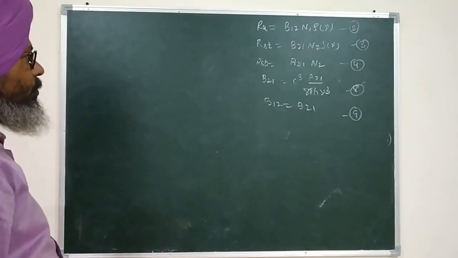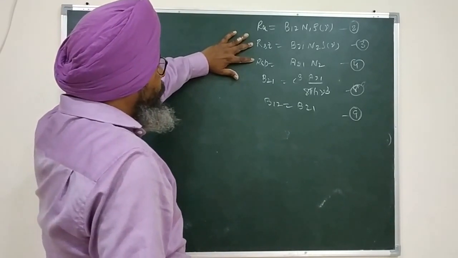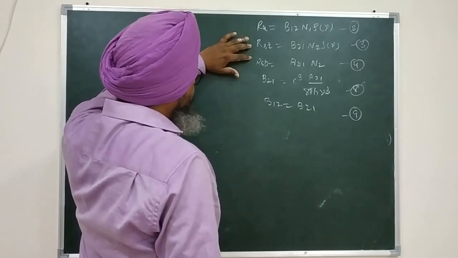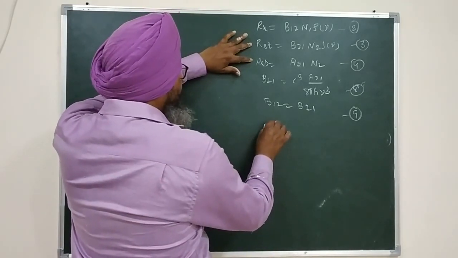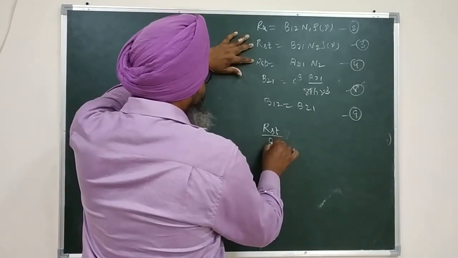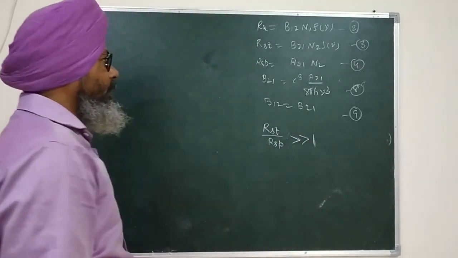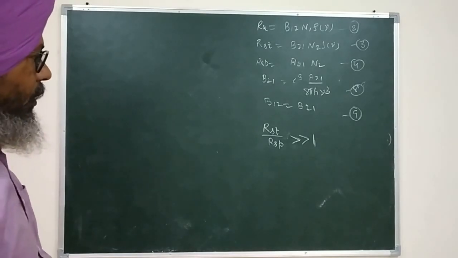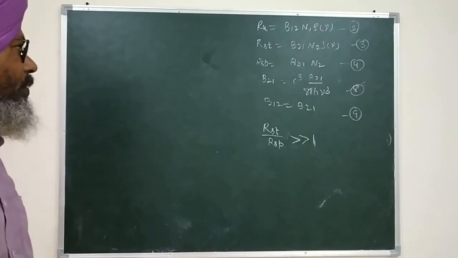Out of these two emissions, all of you who are attending my lecture must appreciate that for the material to give stimulated emission, this ratio should be much greater than 1. Only then can stimulated emission take place. Now, this ratio R_ST by R_SP must be greater than 1.